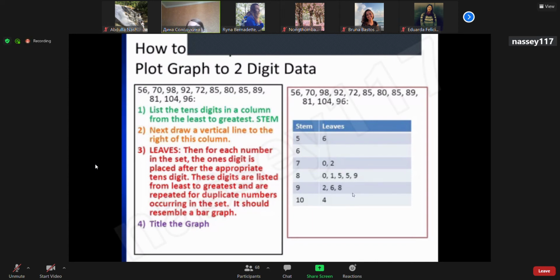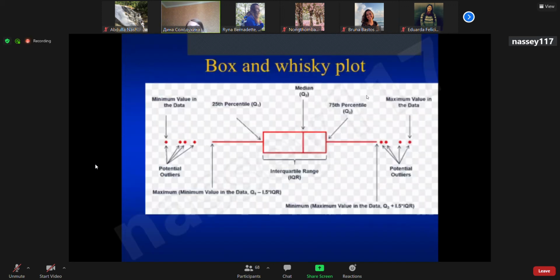This is another kind of graph also used for frequency distribution. It is called a box and whisker plot. In this graph, we have the minimum value in the data and the maximum value in the data. Then we have percentiles, which we have discussed, upper and lower. The box is formed by the 25th and 75th percentiles.